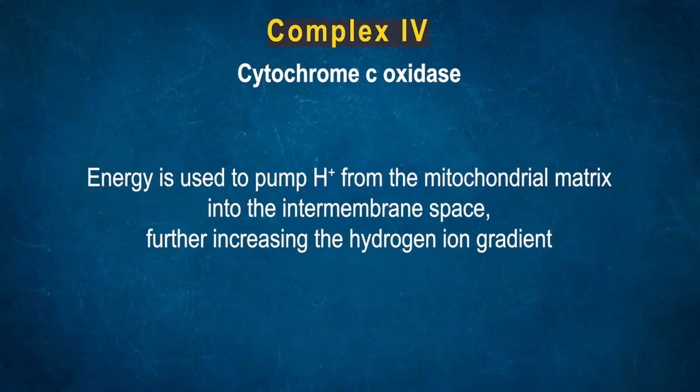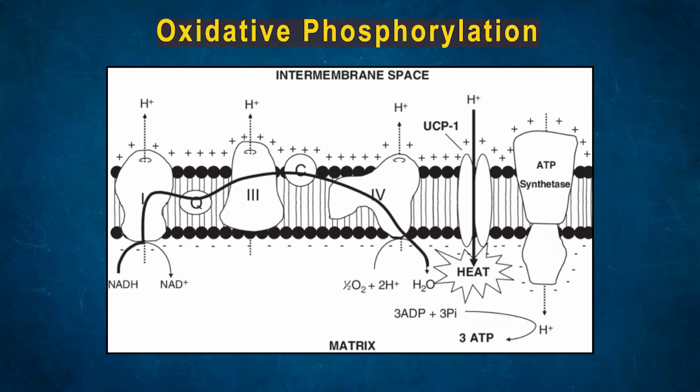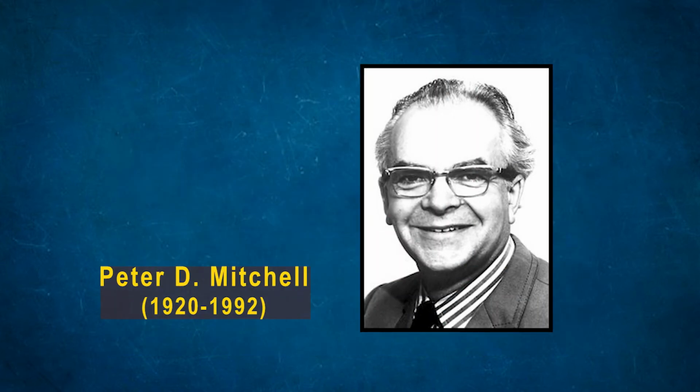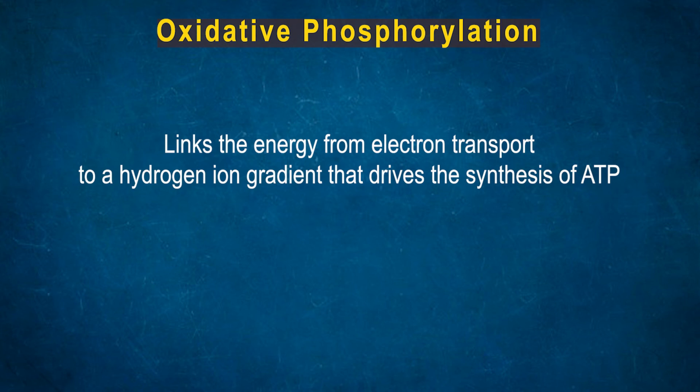Energy is used to pump H+ from the mitochondrial matrix into the intermembrane space, further increasing the hydrogen ion gradient. Oxidative phosphorylation: energy is coupled with the production of ATP in a process called oxidative phosphorylation. In 1978, Peter Mitchell theorized a chemiosmotic model which links the energy from electron transport to a hydrogen ion gradient that drives the synthesis of ATP.